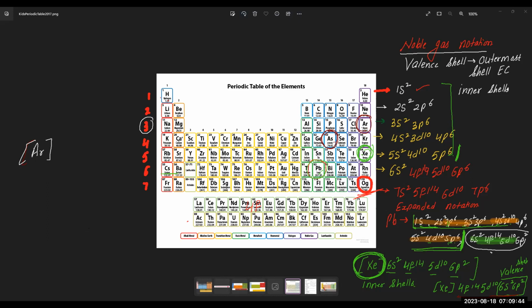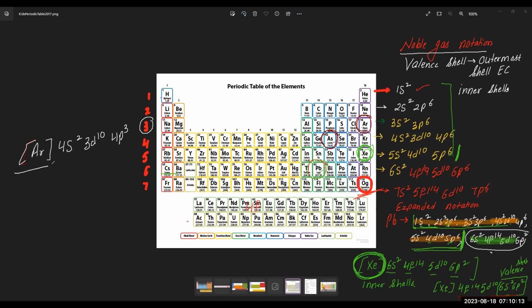Then 4s2, 3d10, then 4p3. Now what is the inner shell here? Anil, now you just pay attention to how I'm writing, okay? If you write like this, perfectly all right, you will get full marks.